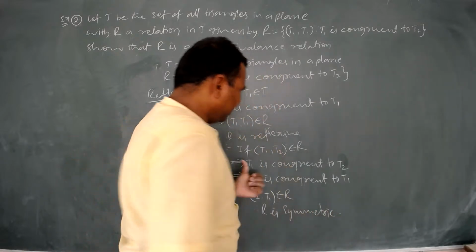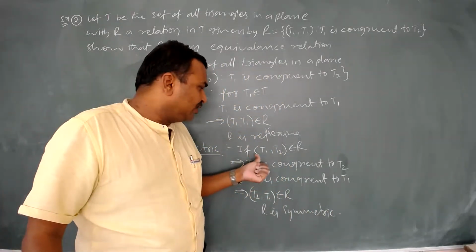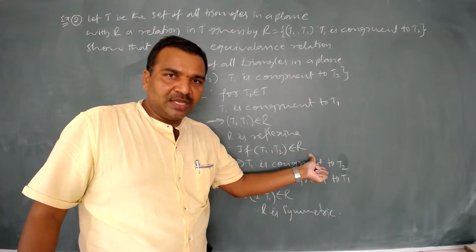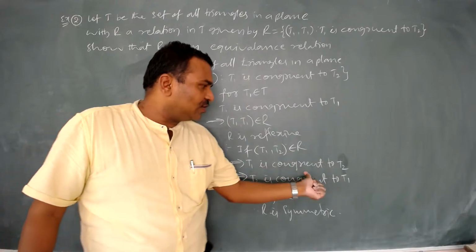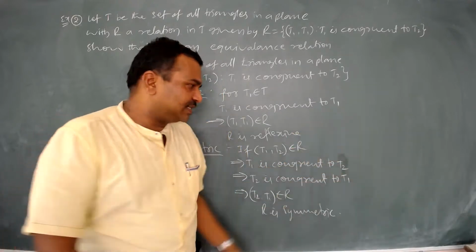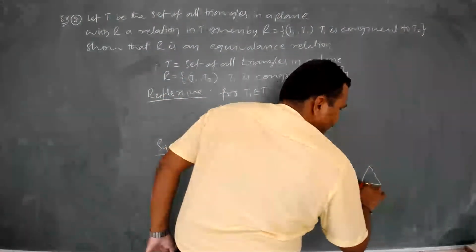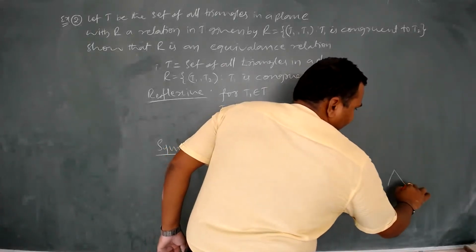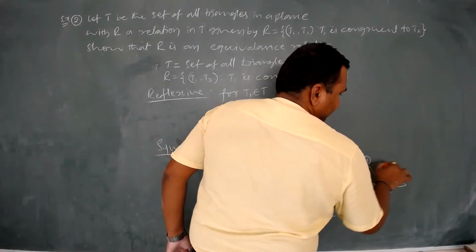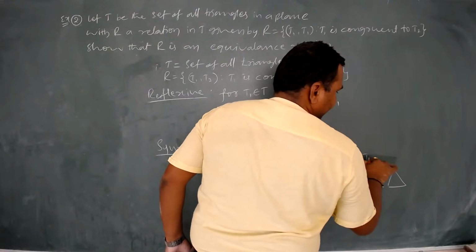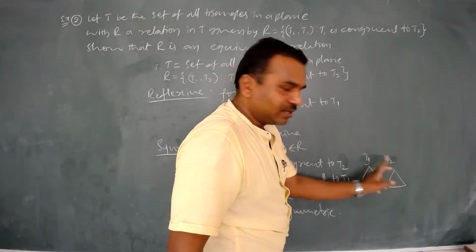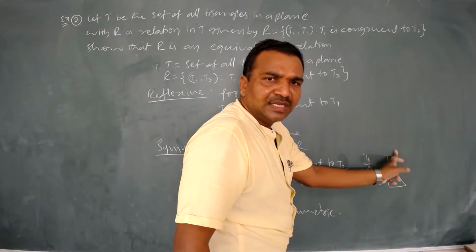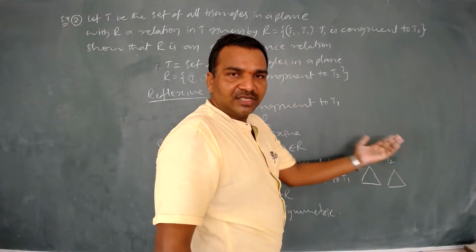Just don't get confused. Very simple. First, if T1 comma T2 belongs to R, an element is there in the relation. What is the meaning? T1 is congruent to T2. Okay, just check it now. This is the first triangle. This is the second triangle. This is T1. This is T2. These two are congruent. Means first one and second one are congruent. Then second one and first one are also congruent. There is no change.